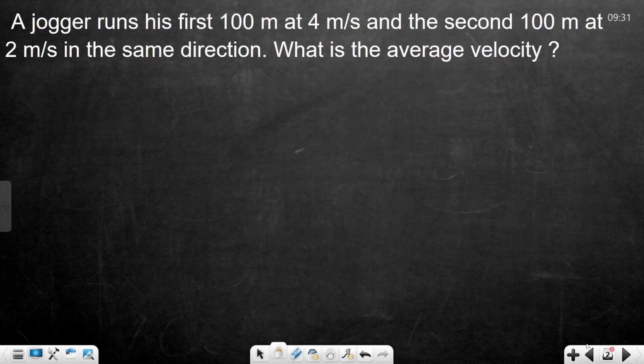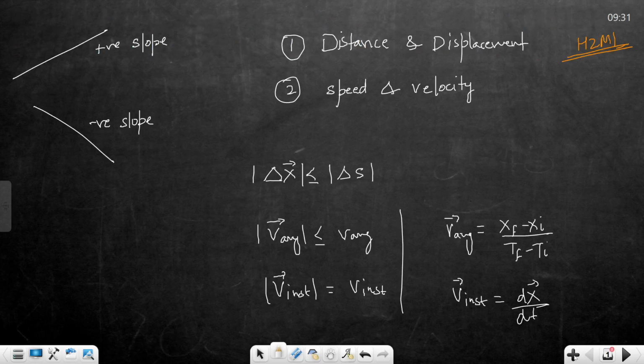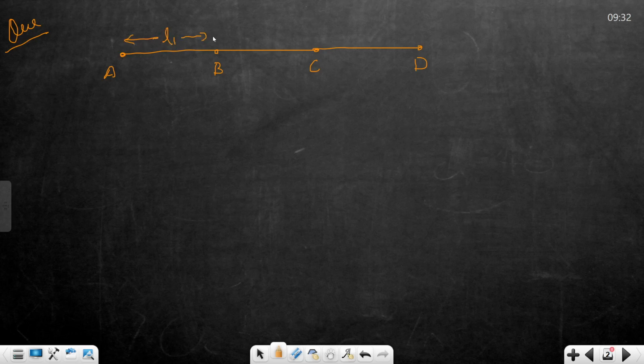Now we will proceed with average velocity. If the question is asking about the average velocity, there is a simple method. Suppose the object is moving from A to B, B to C and C to D. A to B length is L1, B to C length is L2, and C to D length is L3.